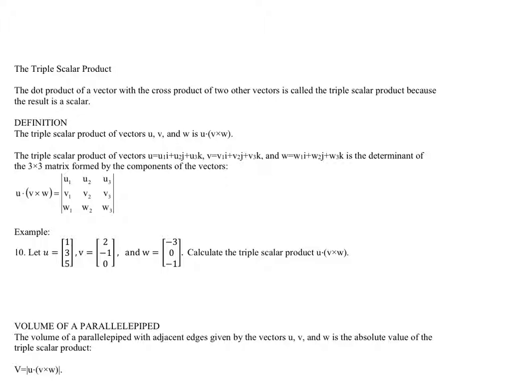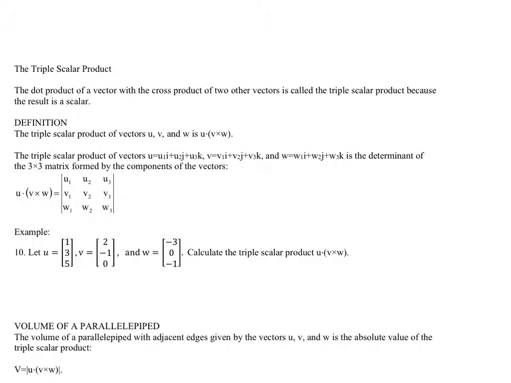It's triple because there are 3 things. It's a scalar product because, even though you're going to have vectors to begin with, you're taking a dot product, which is also known as a scalar product. So 3 things multiplying through a dot product. That's where the name comes from.